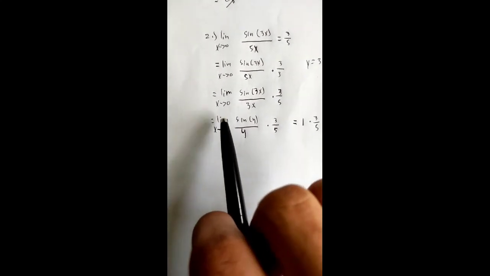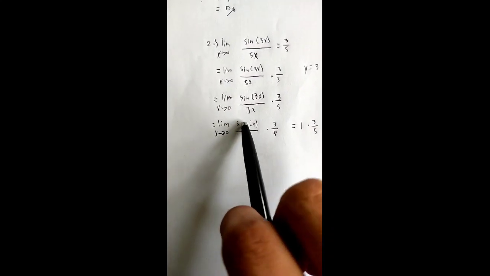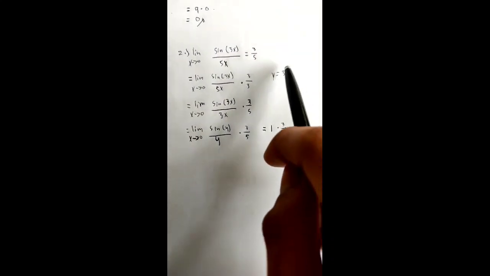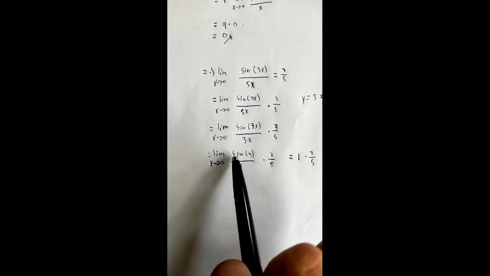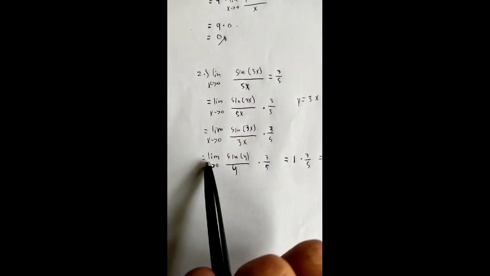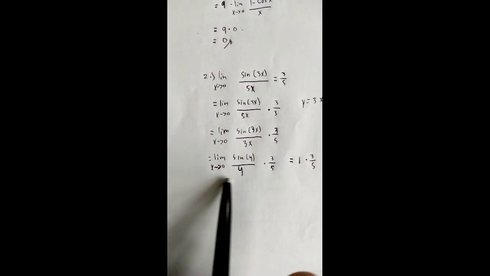As we remember, there's a law stating that the limit of sin x over x is supposed to be 1. For this, we're going to put y because our y is 3x. The limit of sin y all over y as x approaches 0 is equal to 1. This is equal to 1 because it's stated in the law.